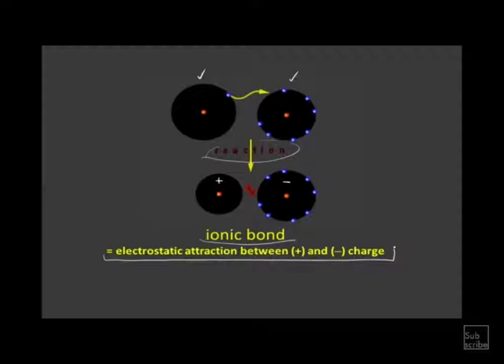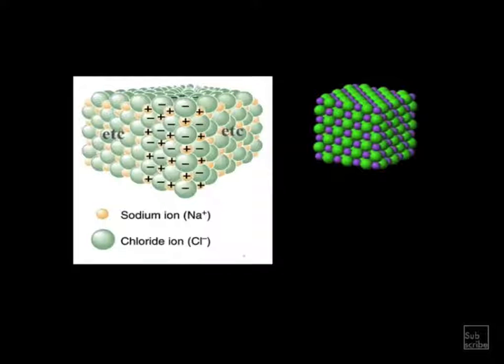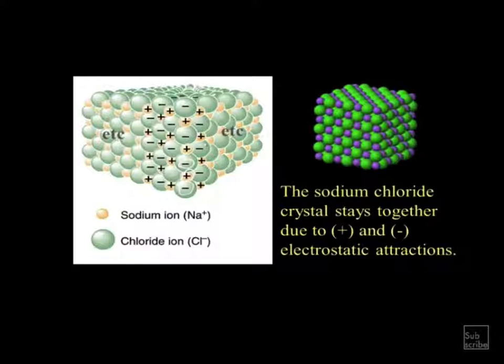So you could call this a sodium atom and this a chlorine atom, and once the sodium loses an electron, it becomes Na+, and the chlorine gains that electron and becomes Cl-. So the sodium ion and the chloride ion, being oppositely charged, are electrostatically attracted. And so that opposite charge results in a crystalline structure where we have an ongoing array of alternating positive and negative that are all attracted to each other, and that keeps the crystal together.